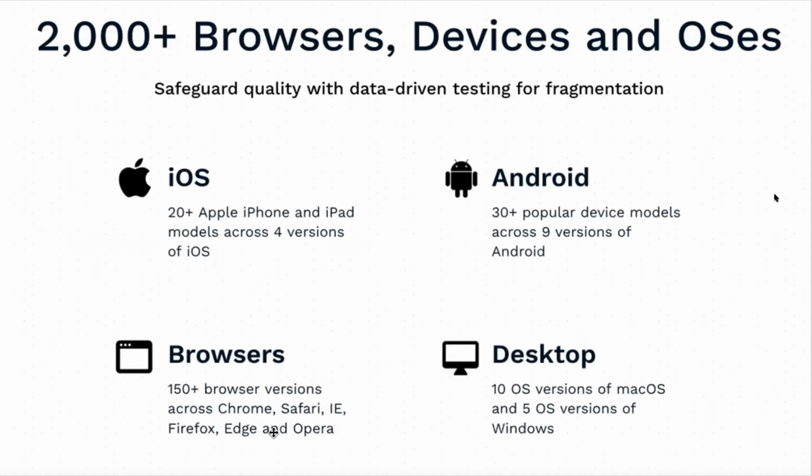So it is very popular, you can say cloud devices where you have everything required for development and testing. We also have desktop operating systems of Mac and Windows: 10 OS versions of Mac and 5 OS versions of Windows, like Windows 7, Windows 10, Windows 11, etc. Whatever is required for a QA for testing will be available under BrowserStack.